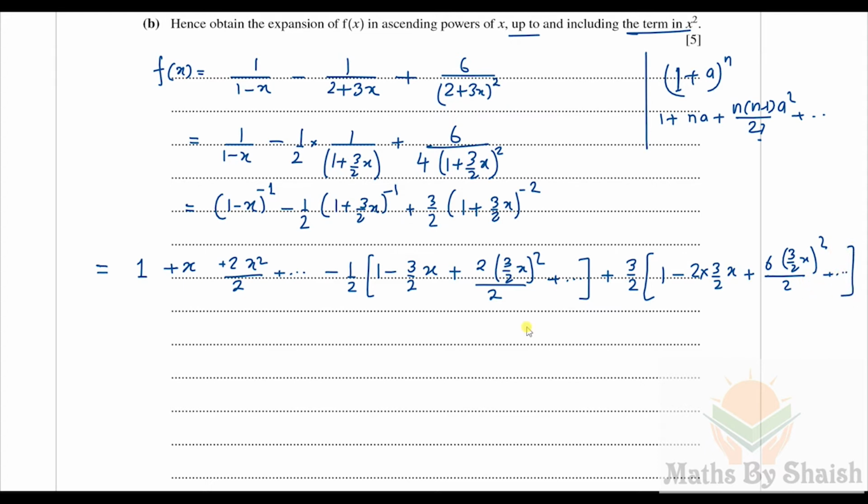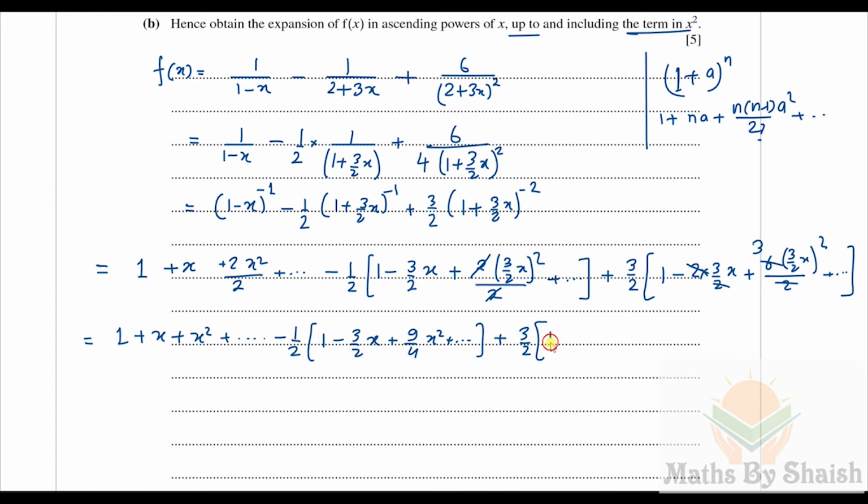We don't want to write that, and it is going to be 1 plus x square, and here plus and so on, plus minus 1 by 2 times (1 minus 3 by 2 x). These two got cancelled and we got it as 9 by 4 x square, plus and so on, plus 3 by 2 times this. We can see these two got cancelled.